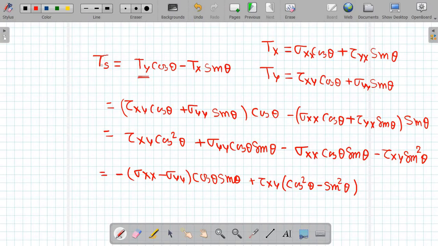As I told you that the plane length is 1, so if you divide by the length, then it comes as a shear stress, and where is it applied? It is applied on the x dash plane, and the direction of force is y dash. So this is the expression.